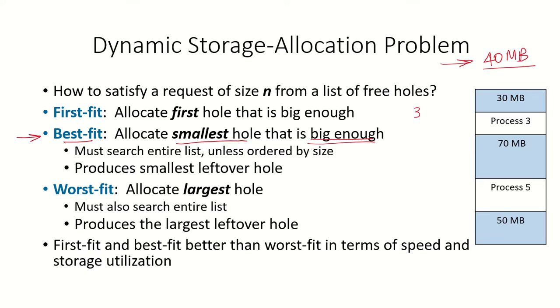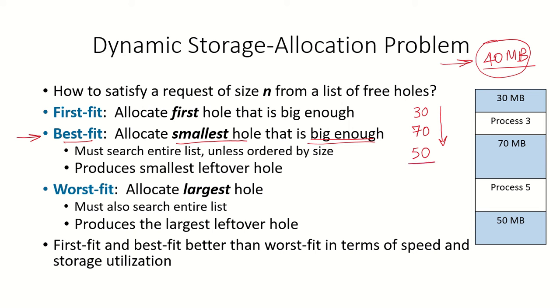So we have a hole of 30 MB, a hole of 70 MB and a hole of 50 MB. The first fit would have put the process in the 70 MB hole, but in the best fit, this whole list will be checked, and the hole which is just big enough to handle this particular requirement will be taken.